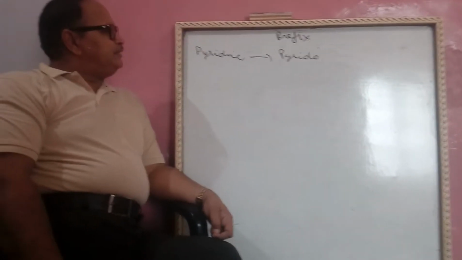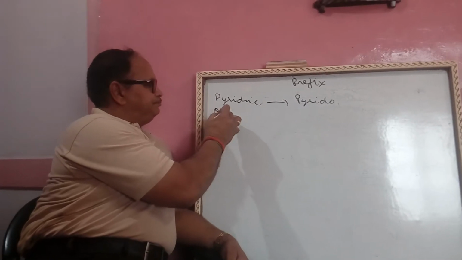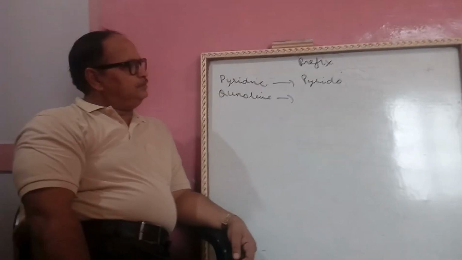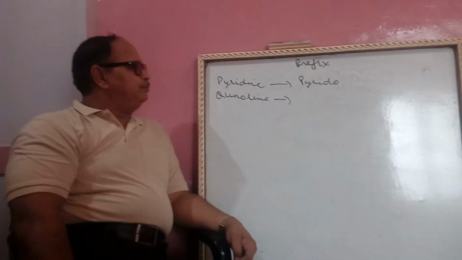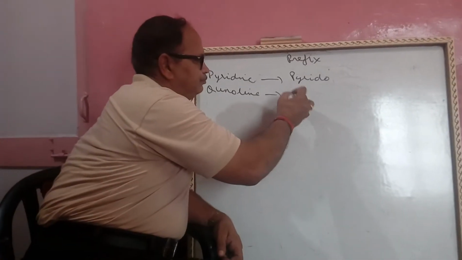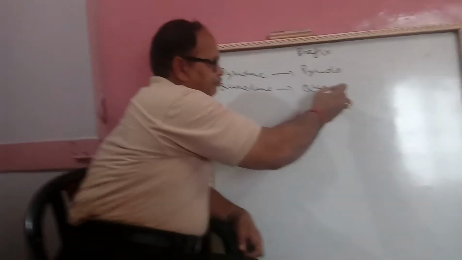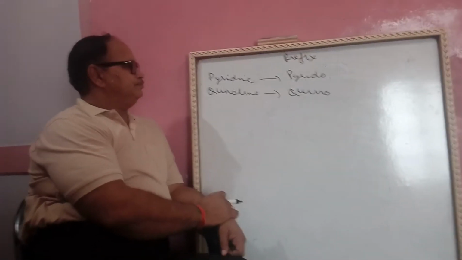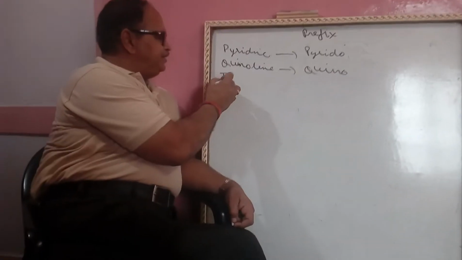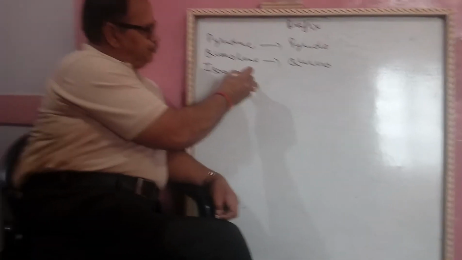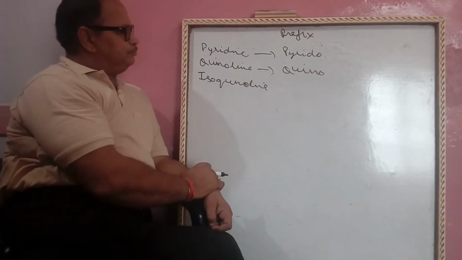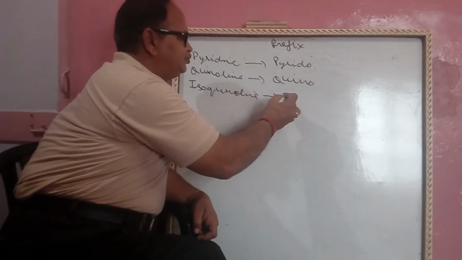If the attached component is quinoline, then the prefix according to the rule must be quinolino, but it is quino. Similarly, if it is isoquinoline, then the prefix must be isoquino.